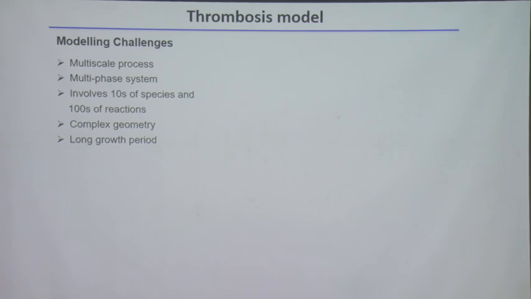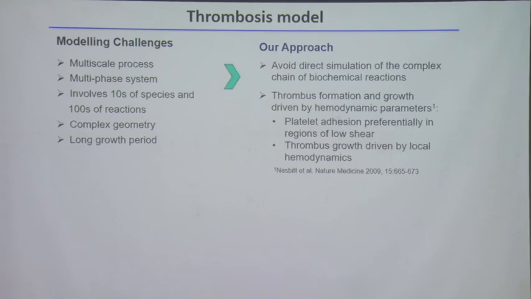Once you have these challenges and you also have a question in mind, the next step is to find your strategy. How best to deal with and solve this problem? Our strategy was to build a phenomenological model.